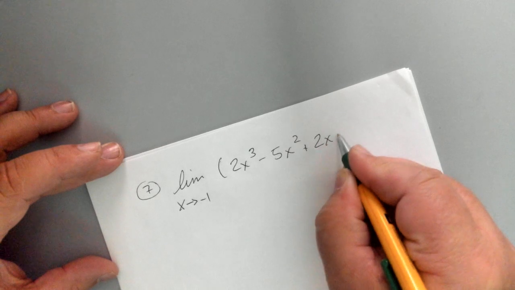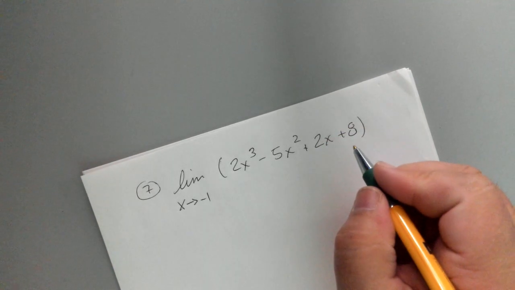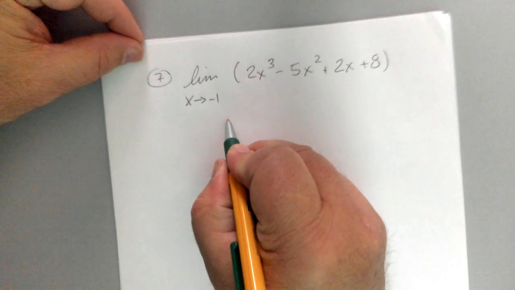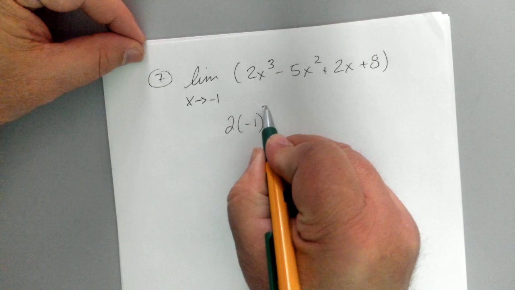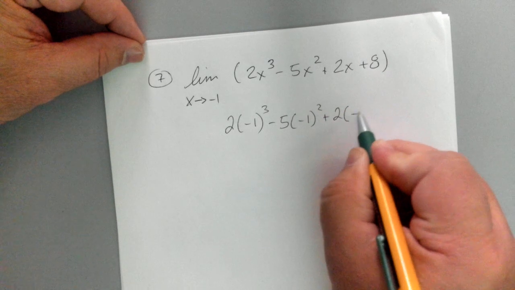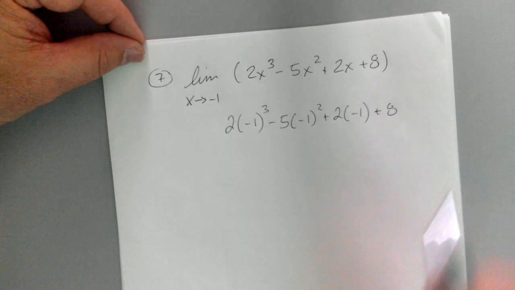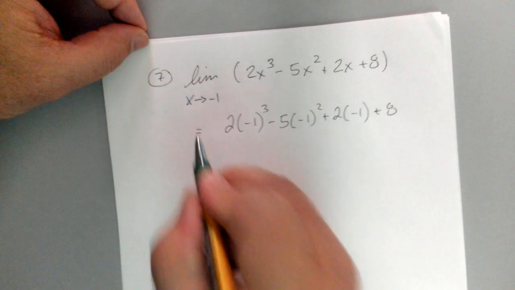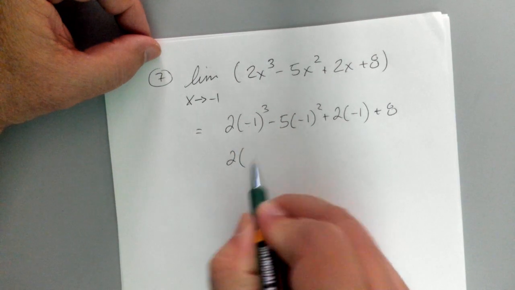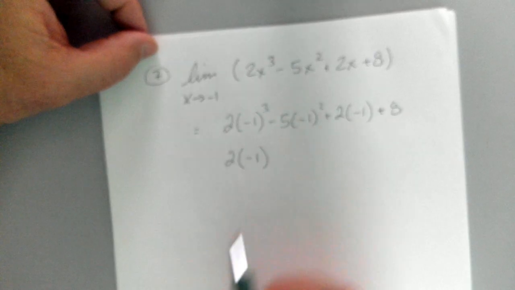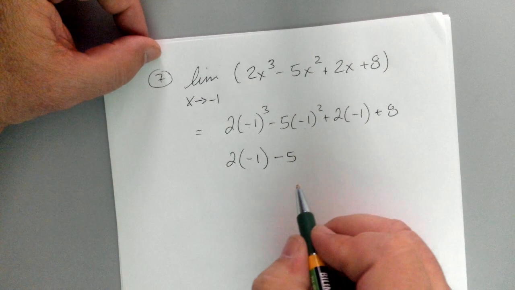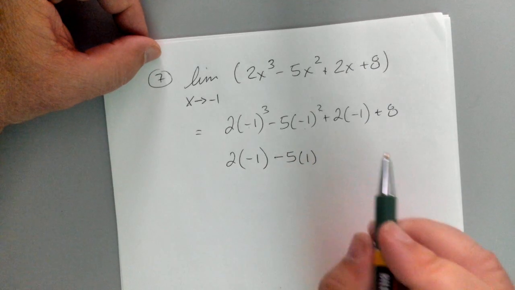Squared. Plug it in there. -1 cubed is -1. -1 squared, +1.